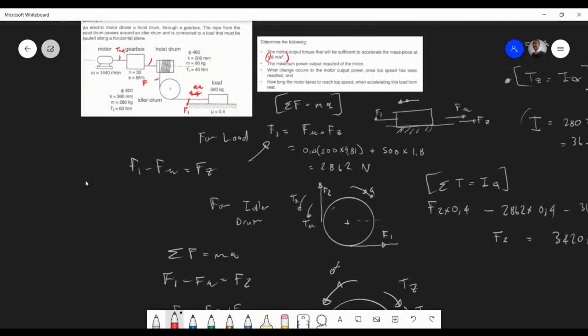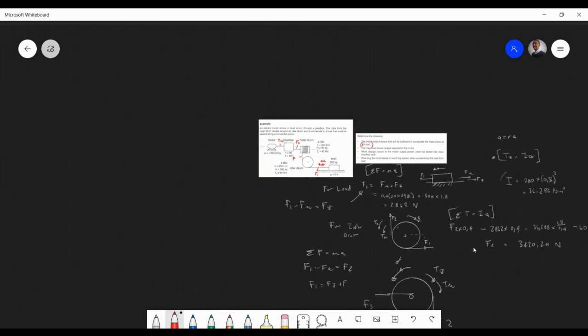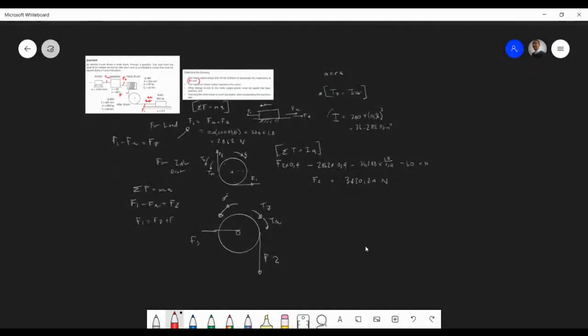So this is torque out of the gearbox, and that's how we're going to apply that formula we just did earlier on. The input torque of the gearbox is the output torque of the motor, obviously.